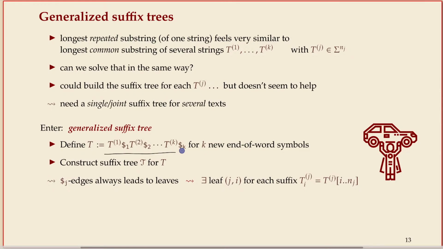If you don't do that, then a few things break. But it's easy to add these extra special markers, a different marker for each string. And then you can use the construction for a standard suffix tree as a black box. It doesn't need to be modified.